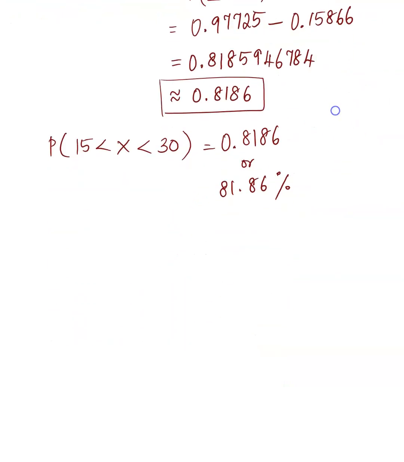Now if we were to do this on the calculator, that will be super easy. Okay. Now we have again normal PDF and normal CDF. So I'd like you to go to second vars. That's the distribution. So for all these distributions, binomial, Poisson, normal distribution, we have to use the second vars distribution.